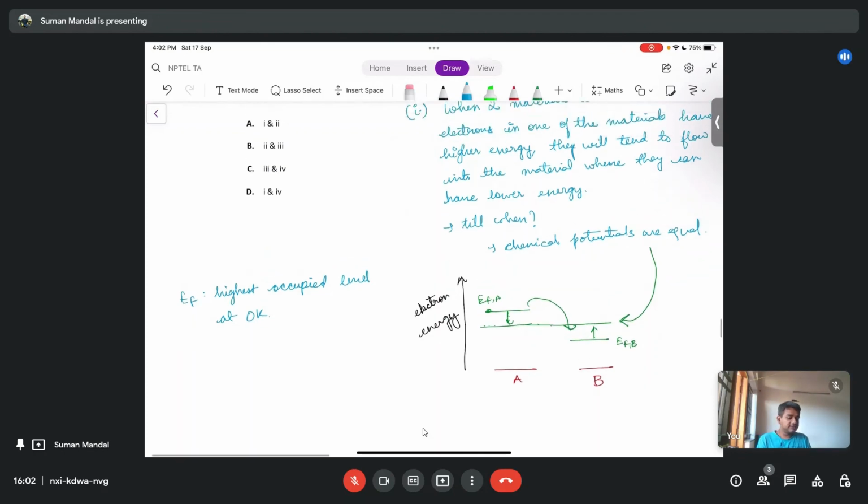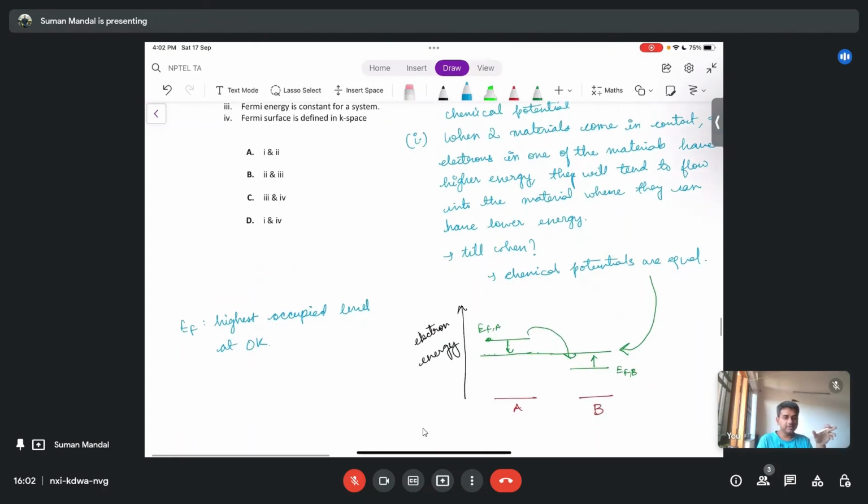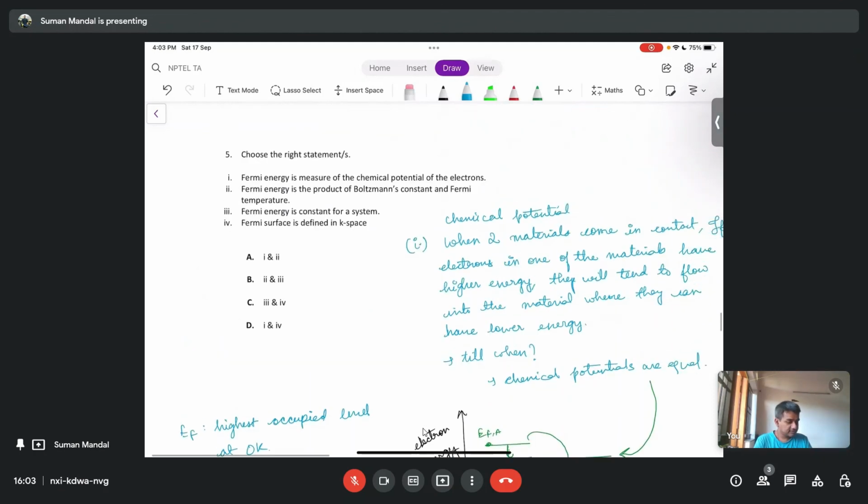So these two are related. If material A has a higher Fermi energy compared to material B, that means the electrons in material A are at a higher chemical potential than material B, and so electrons can move from A to B. So Fermi energy is in fact a measure of the chemical potential of the electrons. If the Fermi energy is higher, then the chemical potential is also higher. So statement 1 is correct.